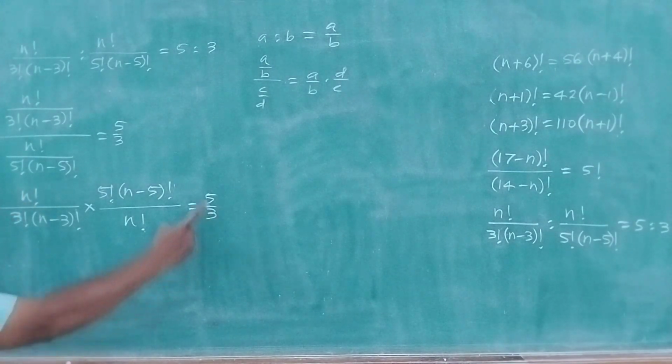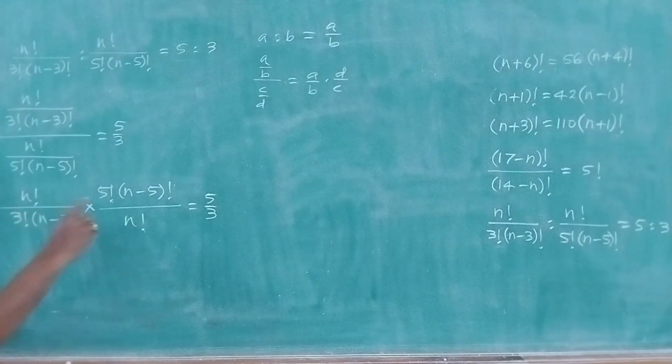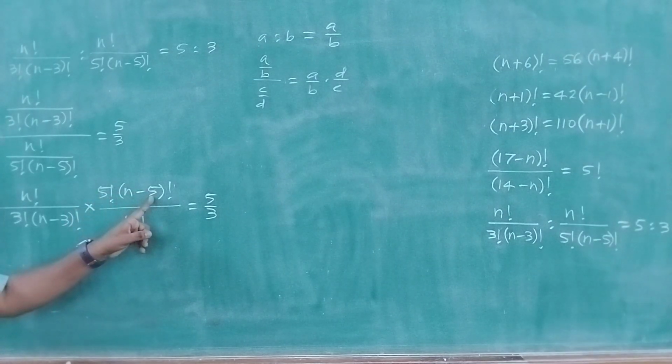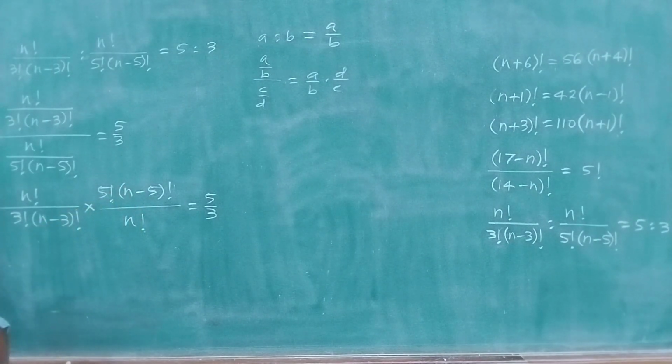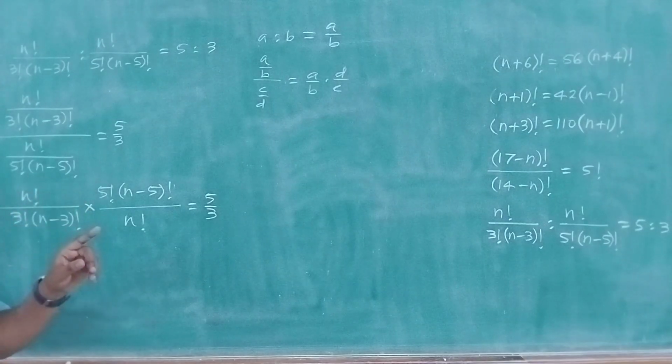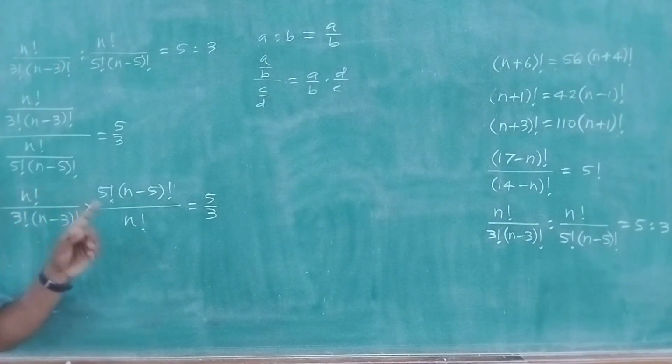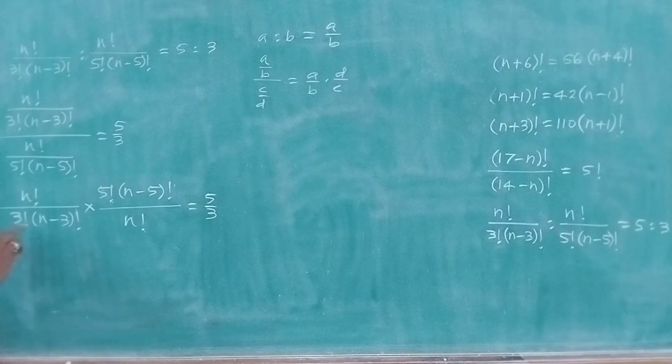This is the most important step, because (n minus 5) factorial simplifies as (n minus 5) multiplied by (n minus 5 minus 1), which is (n minus 6), then (n minus 7) and so on. It means (n minus 5) factorial will never be written in terms of (n minus 3) factorial. This (n minus 3) factorial will be written in terms of (n minus 5) factorial.